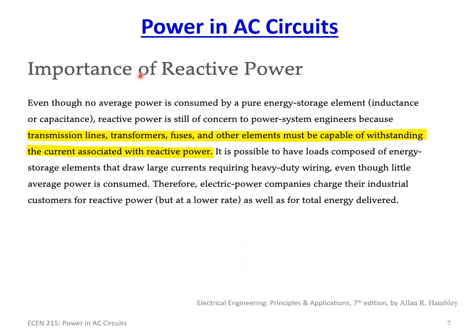So it's important to pay attention to the true reactive power. What we were just looking at with inductors and capacitors is reactive power, because if you took the average power over that cycle of a purely inductive or purely capacitive load, obviously the mean value was zero.